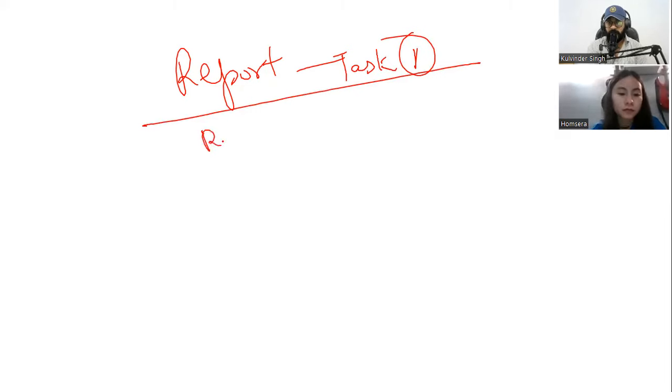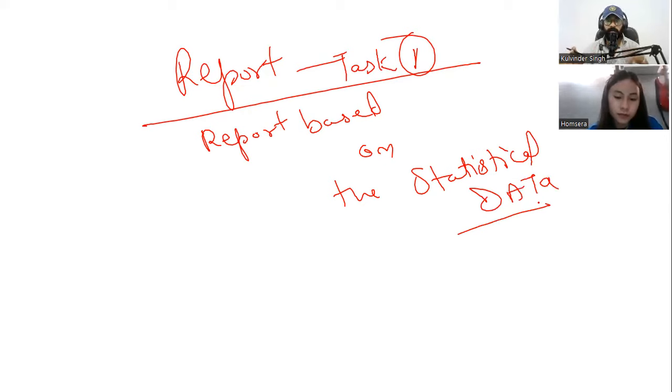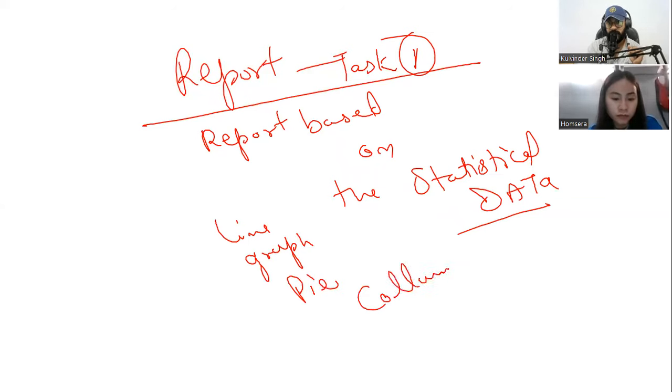You have to write a report based on the statistical data, which will be in the form of a line graph, a pie chart, a column chart, also known as a bar graph.